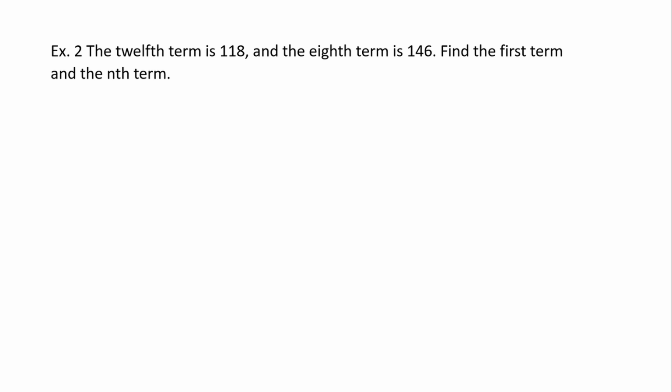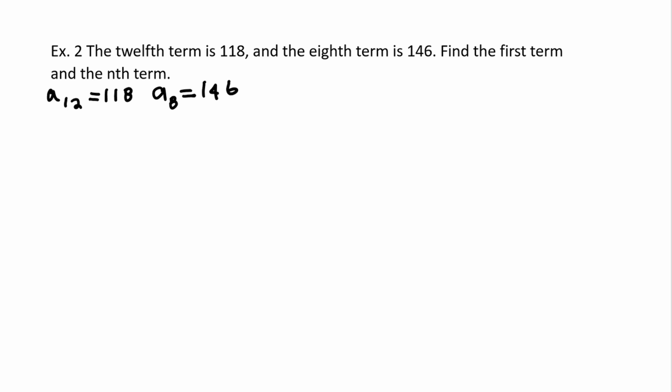The 12th term is 118 and the 8th term is 146. Find the first term and the nth term. I begin this by expressing our information in sequence notation. That is, I'll write a sub 12 is 118 and a sub 8 is 146.